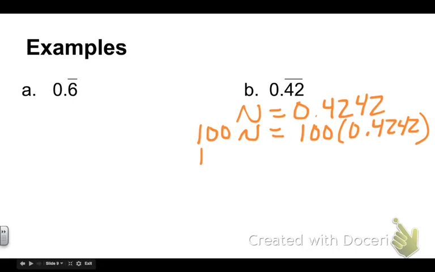So then I'm going to have 100n is equal to, and that keeps on repeating. Just put those dots. And now I need to subtract n.